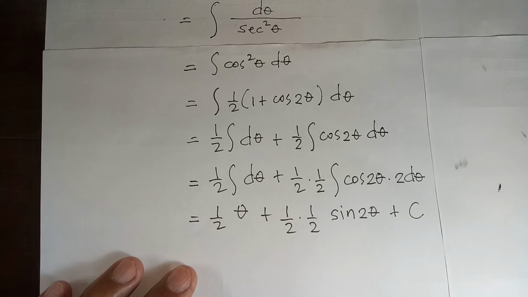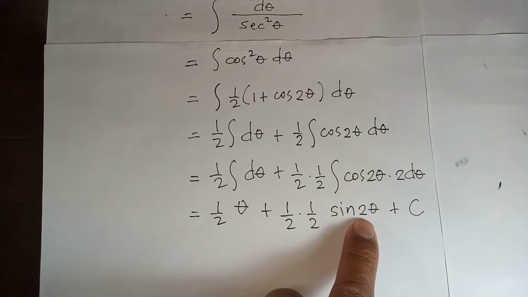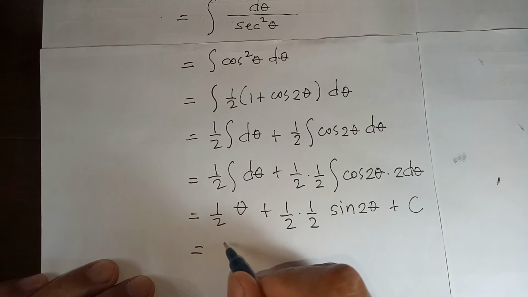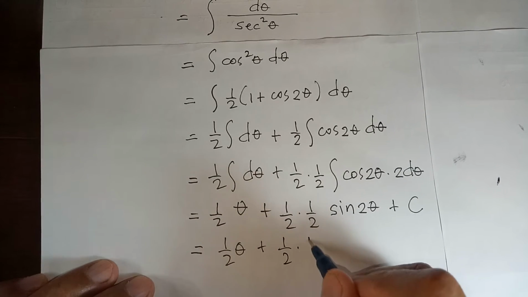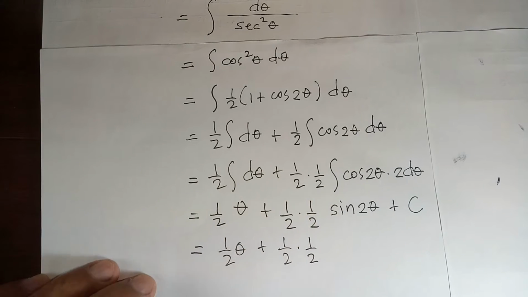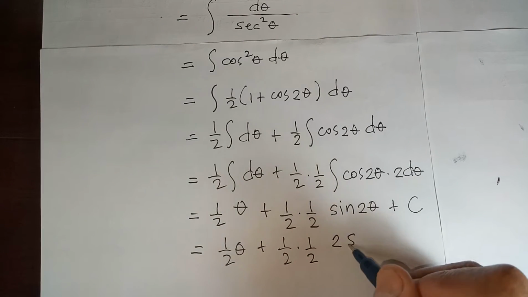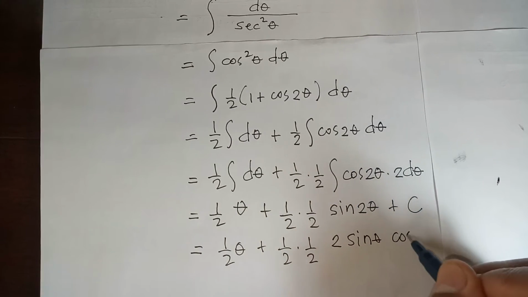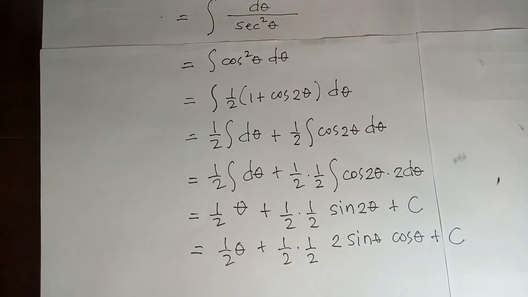Okay. So, itong sine 2 theta ay gagamitan natin ng double angle identity. So, meron tayong 1/2 theta plus 1/2 times 1/2. Yung sine 2 theta equal din sa 2 sine of theta times cosine of theta, and then plus c.